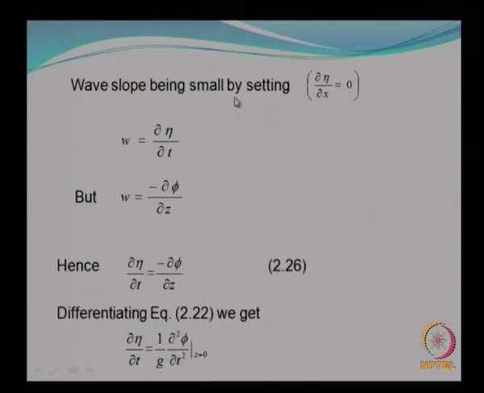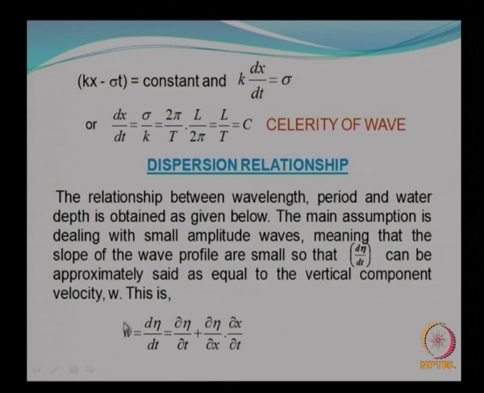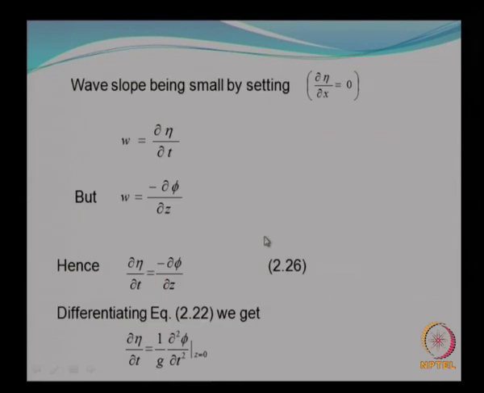So what will happen? W is going to become just dou eta by dou t. What is W? W is nothing but the velocity in the vertical direction. That is the reason we have our velocity potential, to make use of it to evaluate the particle velocities.